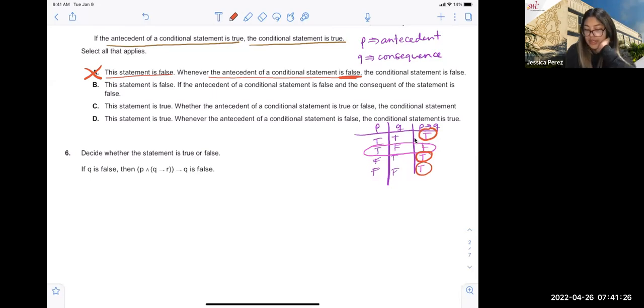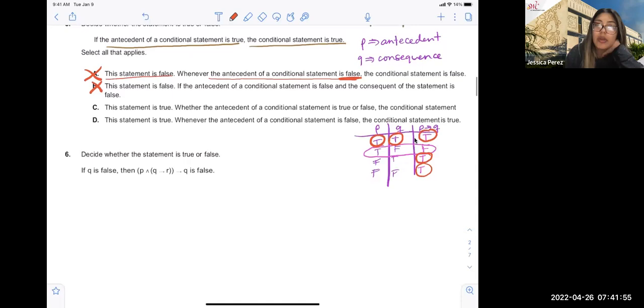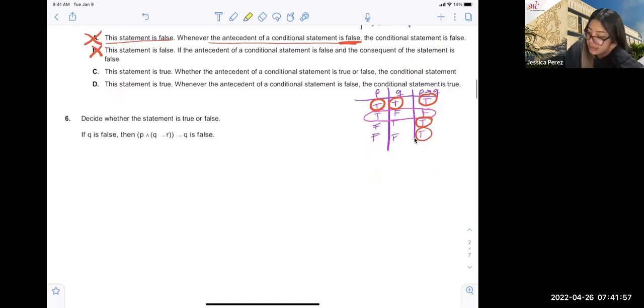The statement is false if the antecedent of a conditional statement is false and the consequence of the statement is false. No, that's not true either for us, because remember when your antecedent is true and the consequence is true, then your statement is true. The only time it is false is where you have the antecedent true, but the consequence false. That's the only time. But we already know that the conditional statement is true, so we're only looking at this option.